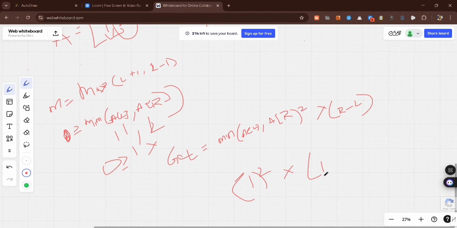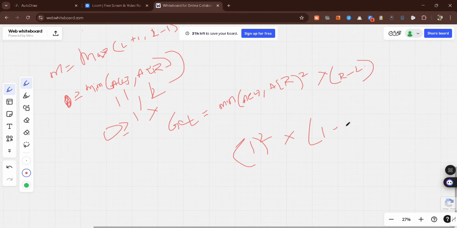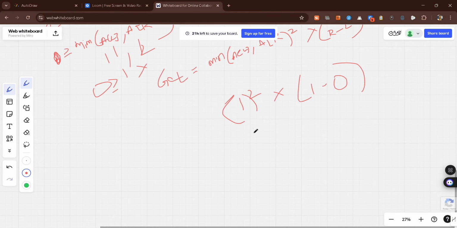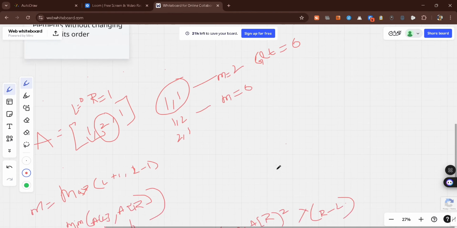R minus, what is the L value? 0. Now what is 1 square? 1 into, what is 1 minus 0? That is 1. Then 1 into 1, what is the value? 1. So here we got the get value. Get value is equal to 1.